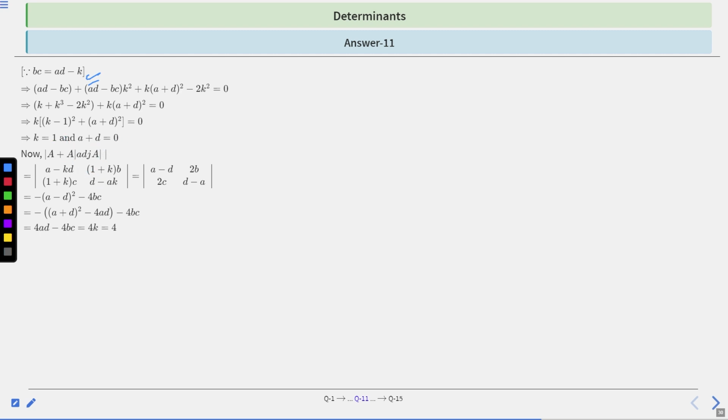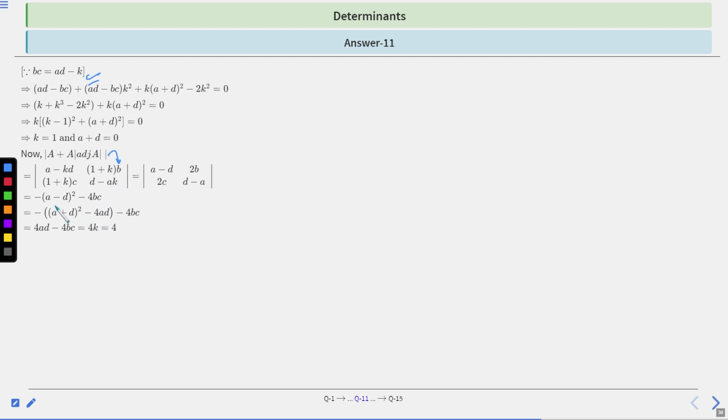Now, let's calculate determinant value of A plus A determinant value of adjoint of A. When you calculate this, you will get this determinant. And putting the values of K, you will get determinant of A minus D, 2B, 2C and D minus C, by putting the value of K equal to 1 and A plus D equal to 0.